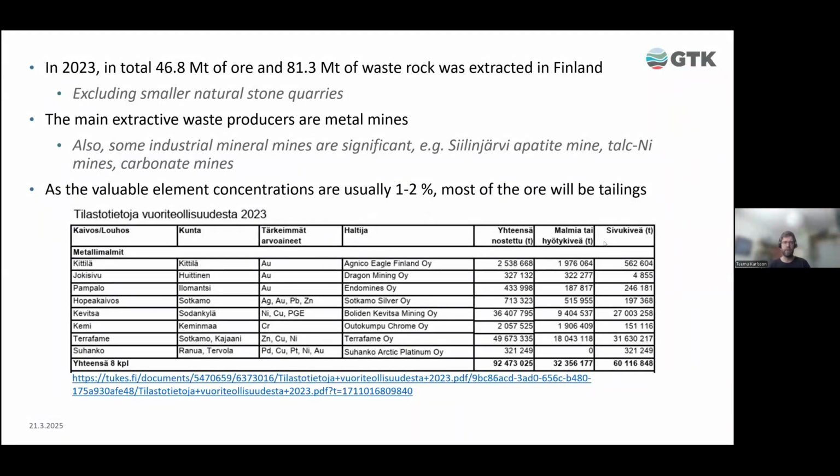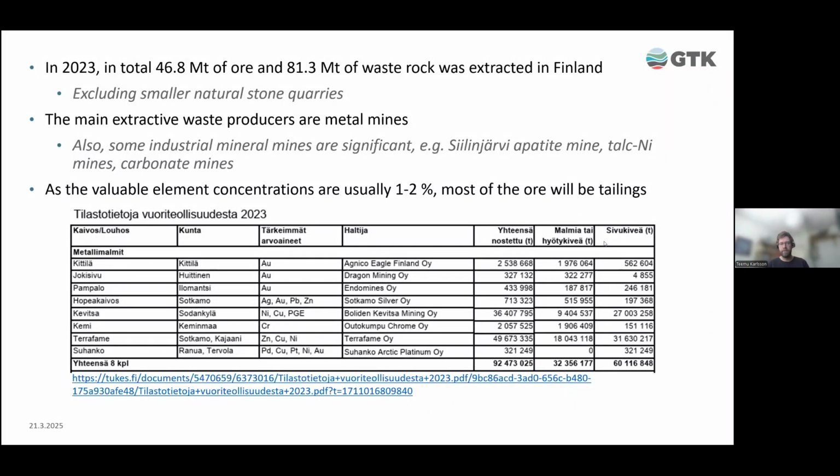For example, Siilinjärvi apatite mine is probably one of the most significant outside of this list of 8. There are also quite large nickel mines and carbonate mines that also produce extractive waste.